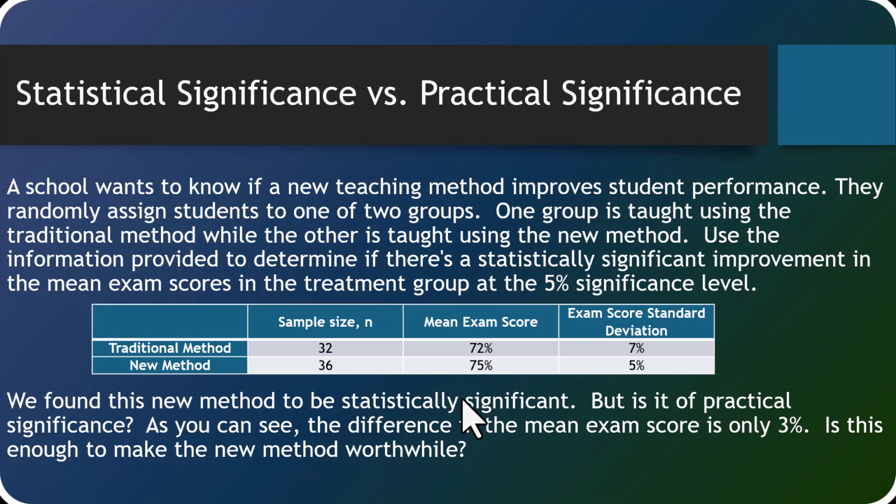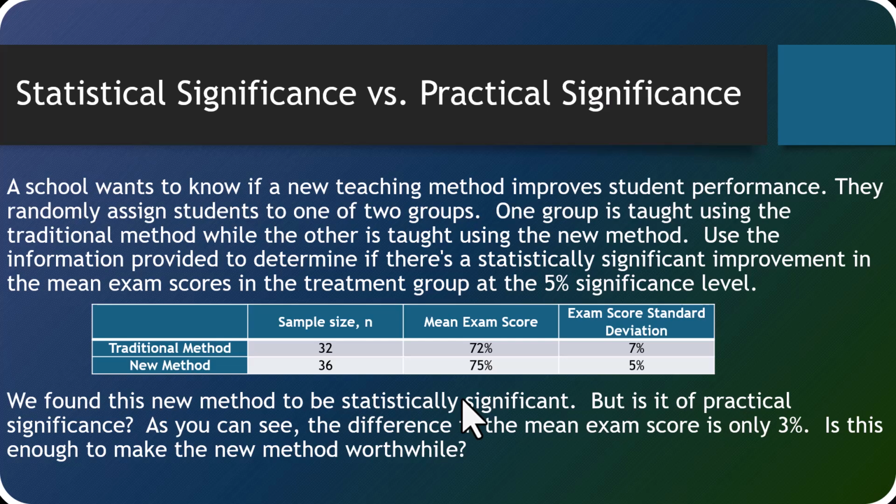Other factors that people would think about if they were going to implement this new method are, for example, cost. What if it costs millions of dollars for this new curriculum? What if, as an instructor, it takes you twice as long or 3 times as long to prepare your materials and do your lesson planning than it did with the traditional method?